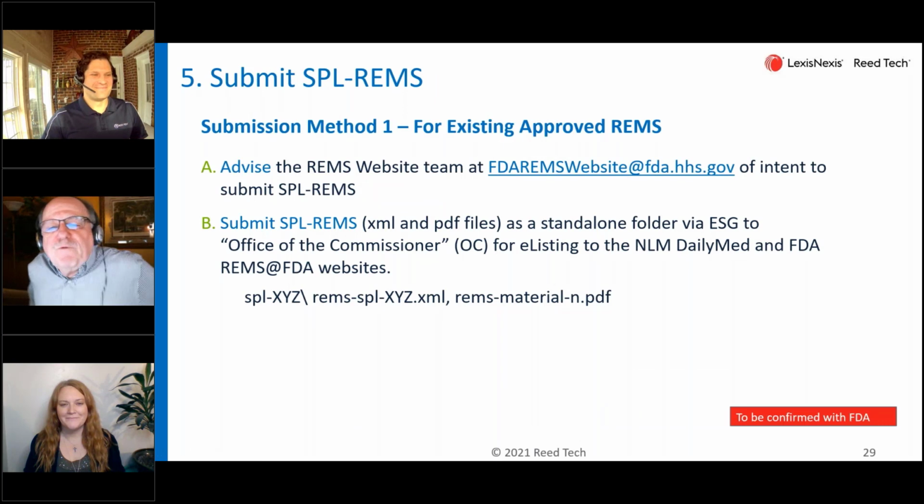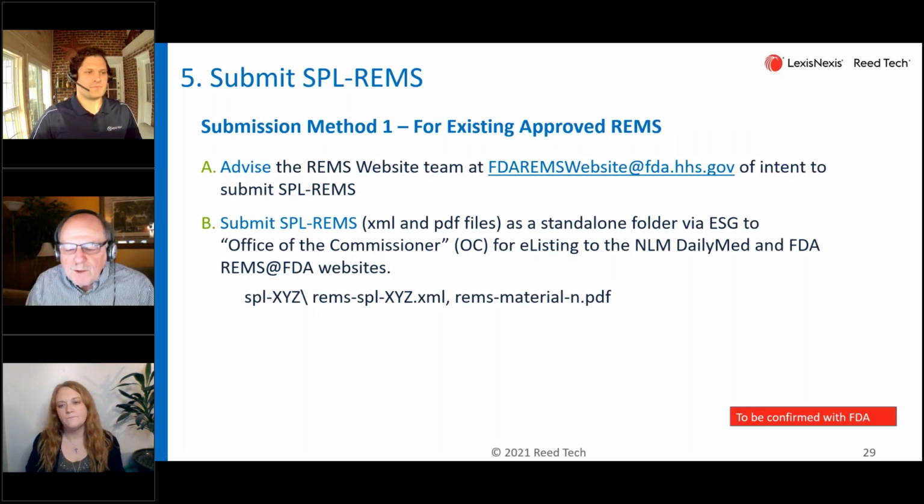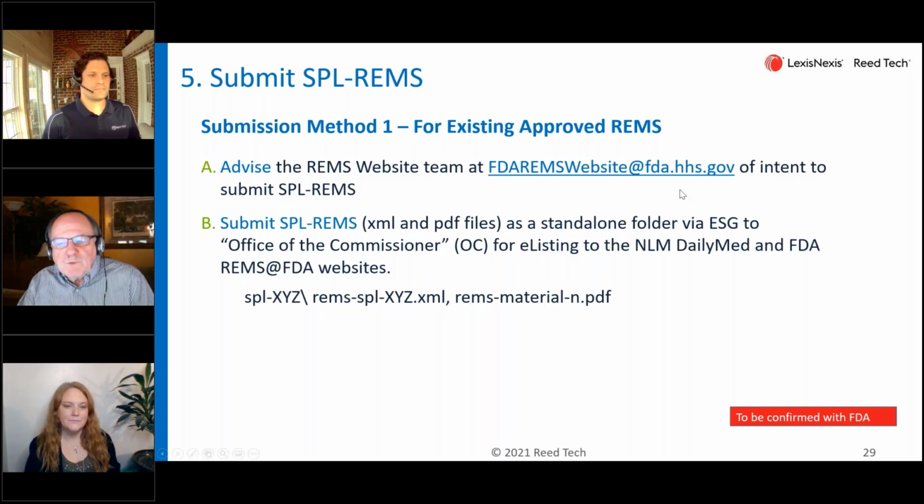All right, so now we're ready to submit. David, there are a couple different ways, and we've kicked this around a number of times. One way is you might have built an SPL for an existing approved REMS, and you took it on your own volition, and you said, okay, I'm going to take this existing content and just put it into REMS and not change anything. So the FDA does certainly allow that. You want to let them know that you're walking down that particular pathway.